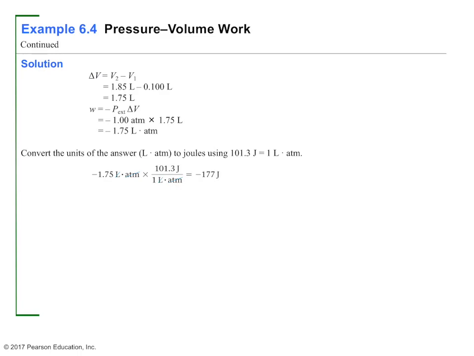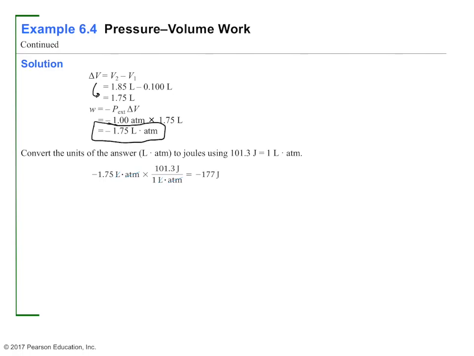So what's happening is this balloon is expanding and it's doing work against the outside pressure. Okay, so the outside pressure is that 1 atm, and the change in volume is 1.75 because we did 1.85 minus 0.1, that's 1.75. And so the work is going to be 1.75 liter atm.